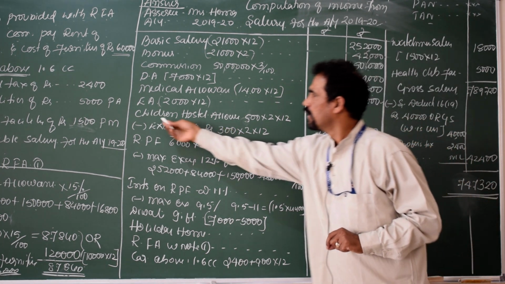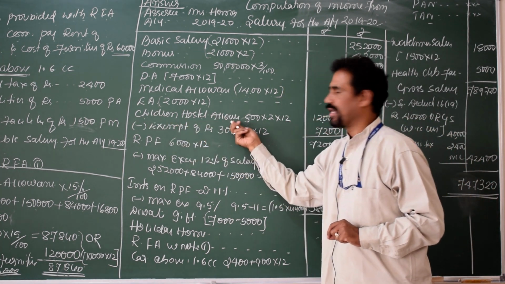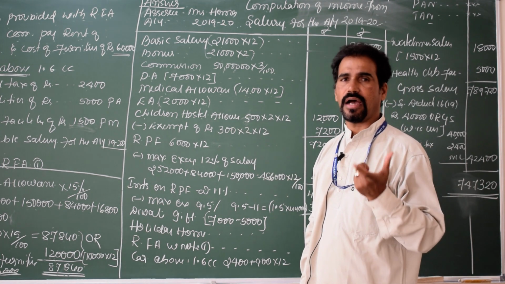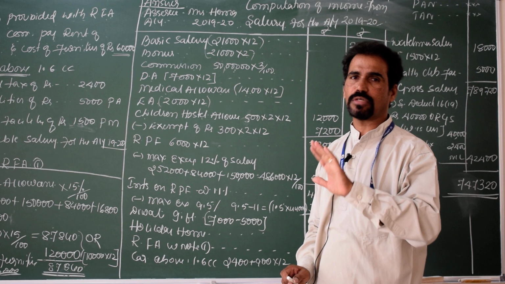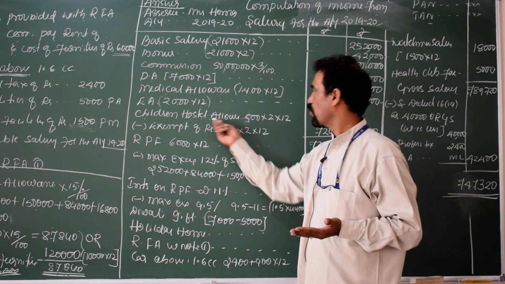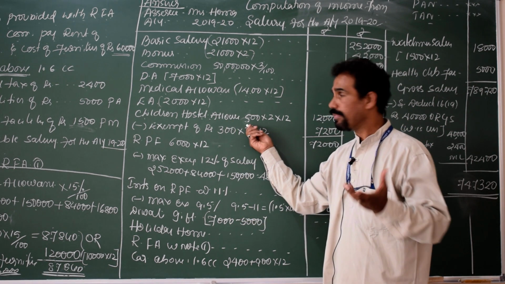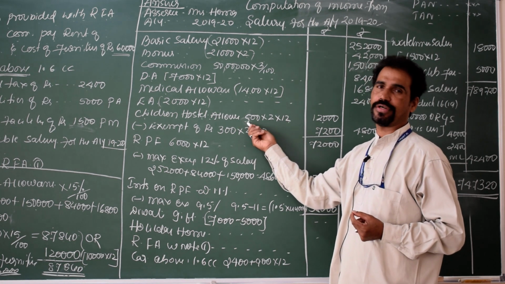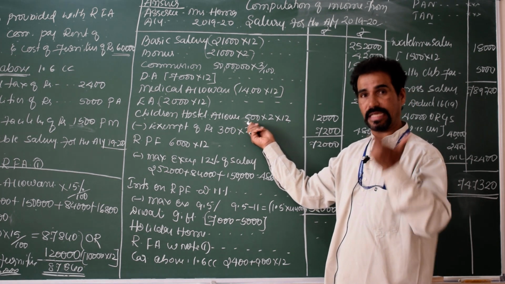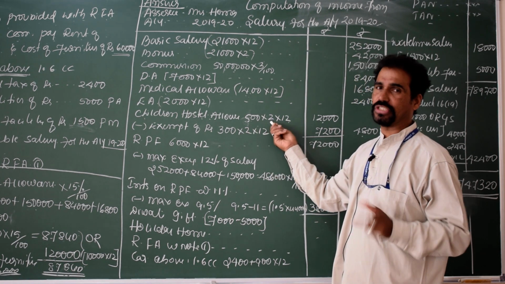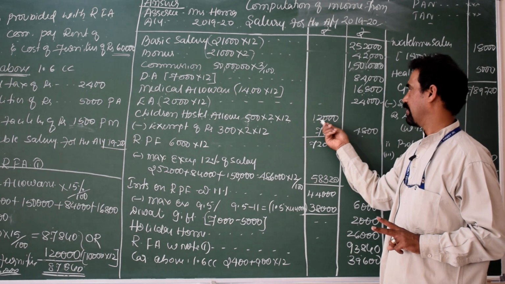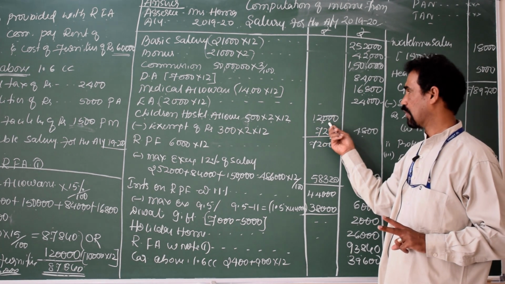But now, children hostel allowances. Mind it, children education allowance is 100 per month per child, not more than 2 children. Hostel allowance is 500 per month per child, not more than 2 children. How much is given? 500 rupees is received from the employer, into 2 children, 12 months, total 12,000, in the inner column.